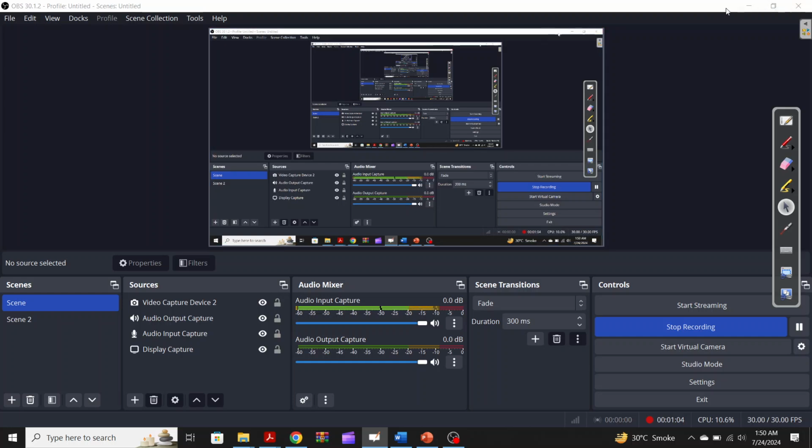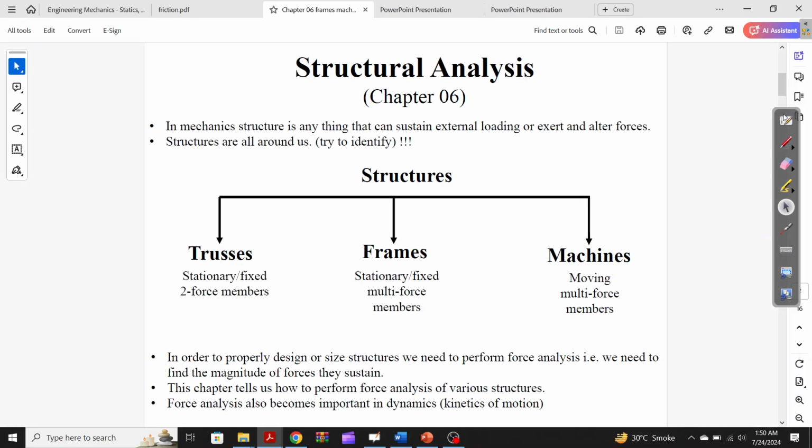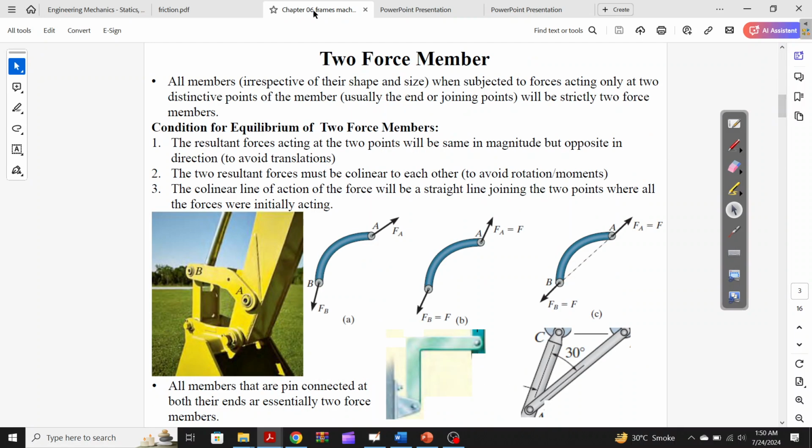Specifically for a two force member, we can define it as follows: all members, irrespective of shape and size, when subjected to forces acting only at two distinct points of the member will be strictly called two force members.